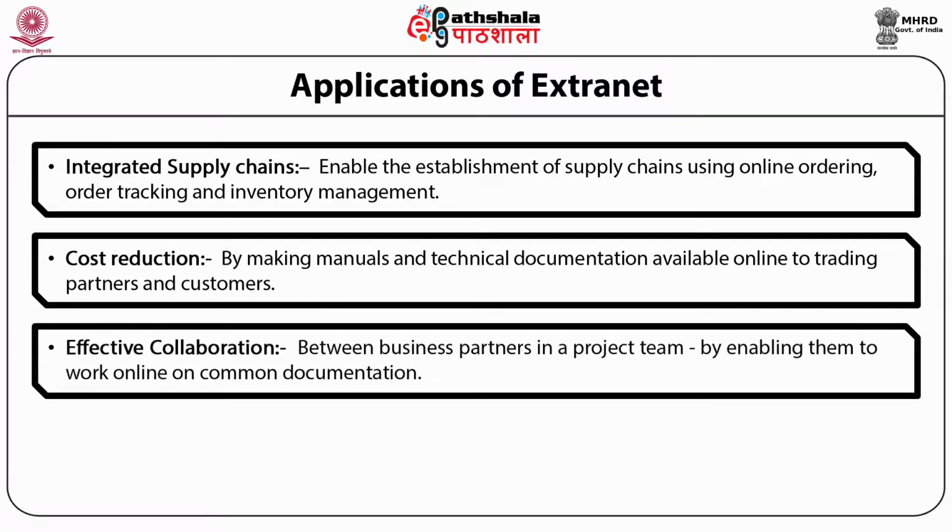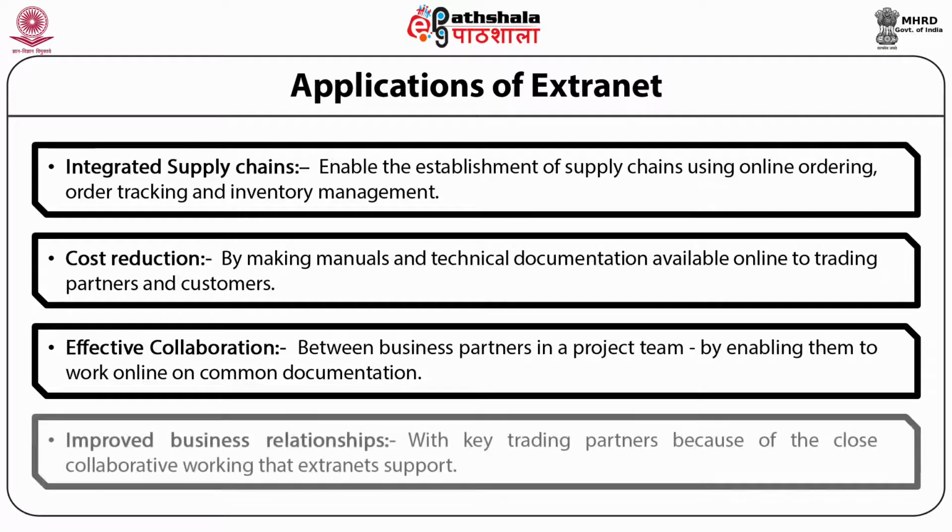Effective collaboration between business partners in a project team by enabling them to work online on common documentation. Improved business relationship with key trading partners because of close collaborative working that extranet supports.